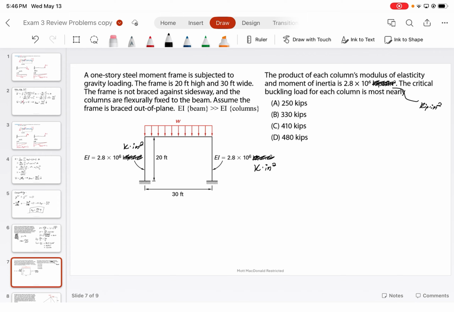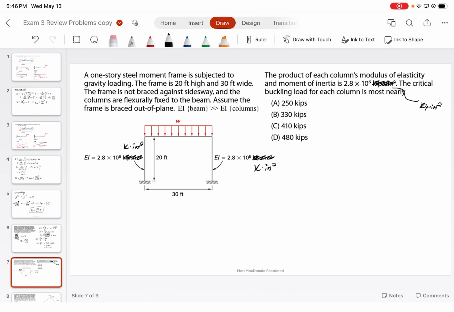I was thinking of it one way, but don't you guys need fixed, but side sway isn't negative.